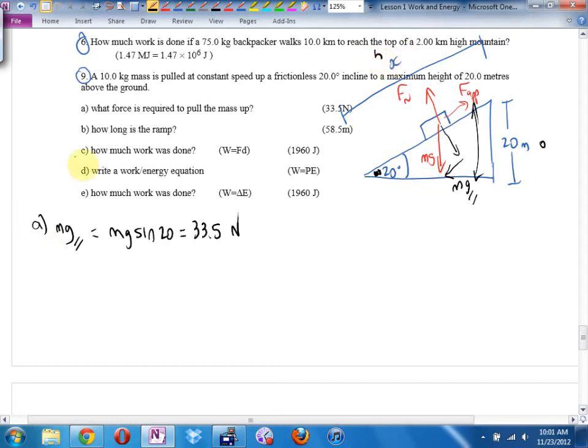I can find the length of the ramp by going sine of 20 equals opposite over hypotenuse. In fact, the length of the ramp is going to be 20 divided by sine 20. Unfortunate, they're both 20s, but that's okay. One's an angle, one's a length. Whatever that is, 58.5, apparently.